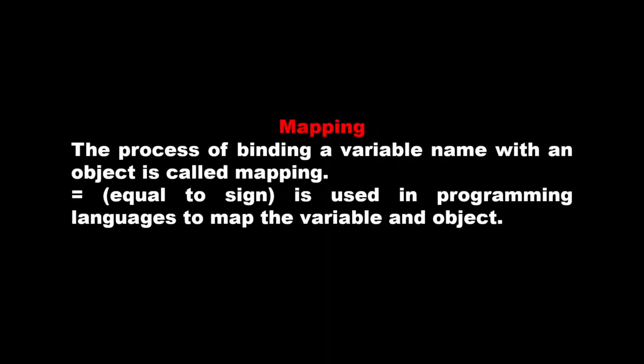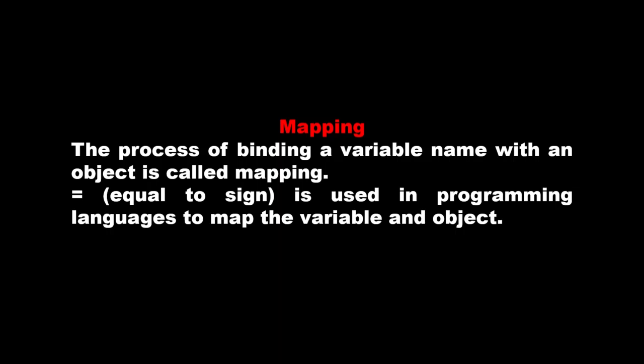Mapping. The process of binding a variable name with an object is called mapping. So, A is equal to B or A is equal to 5. So, how do we bind a variable name with an object? Here, suppose A is equal to 5.